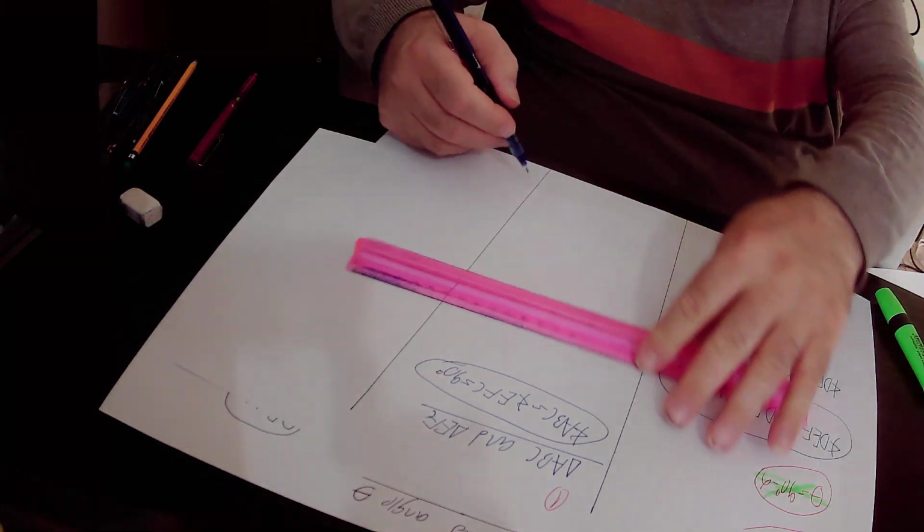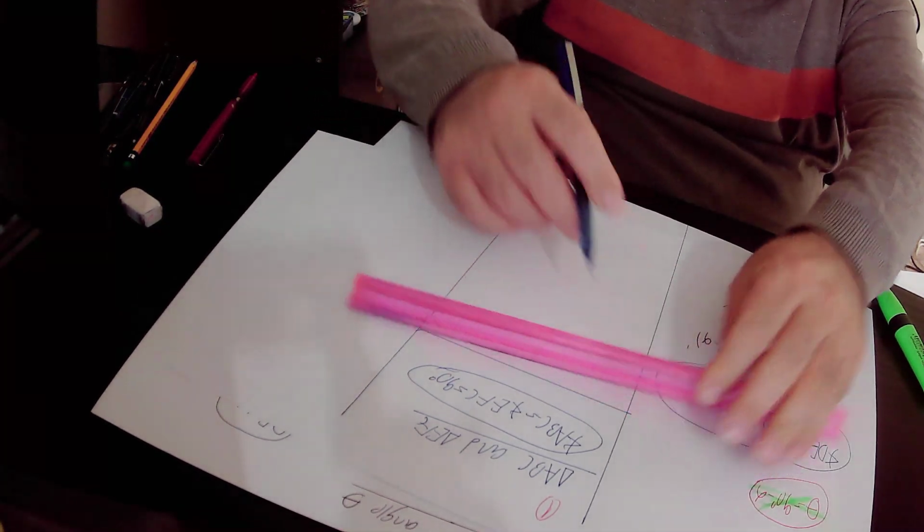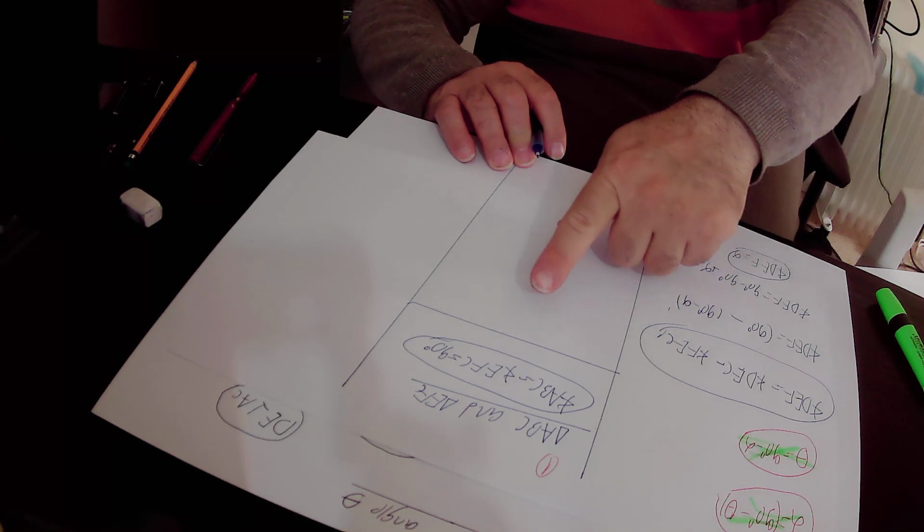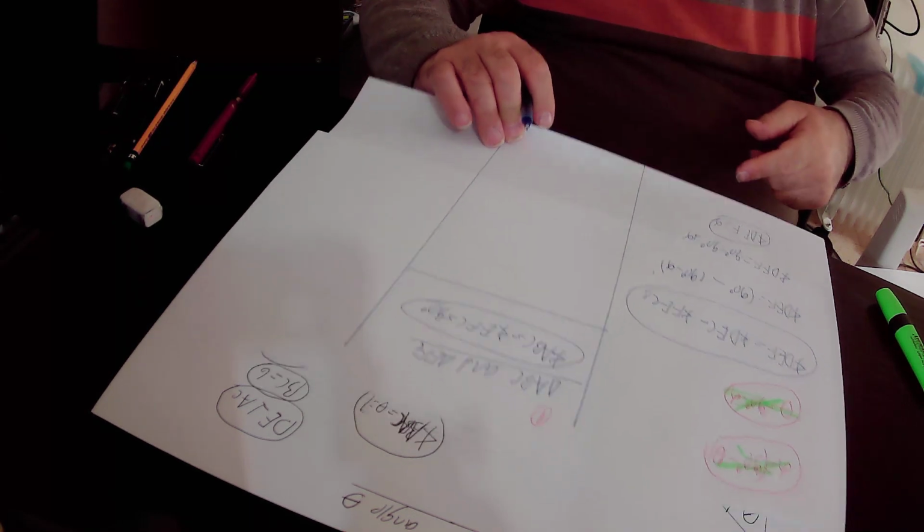I will repeat again, angle ABC equals angle EFC, and they are both equal to 90 degrees.